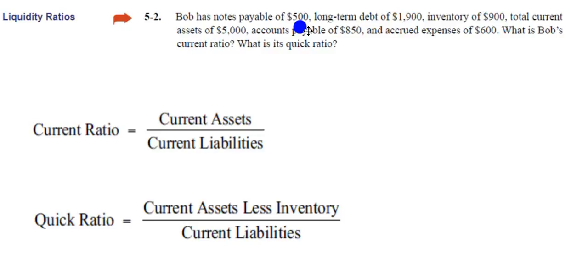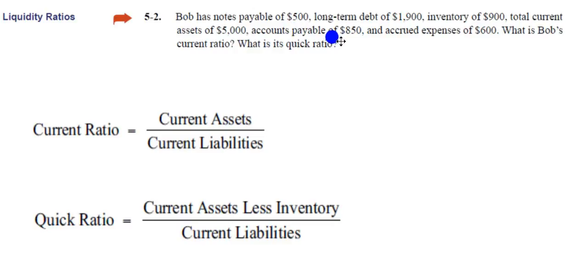The second is your accounts payable, which is $850, and to that we need to add Bob's accrued expenses of $600.